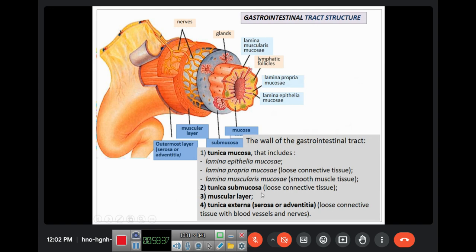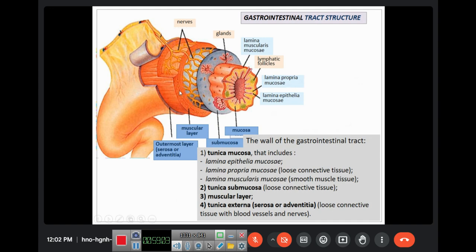Next goes the second layer, which is called submucosa. It consists of loose fibrous connective tissue with a lot of large blood vessels, nerves, and in some cases glands can be located there. Next goes the third layer, which is called muscular layer, or in Latin muscularis externa.